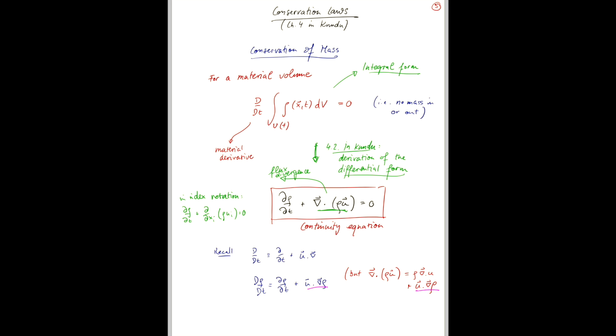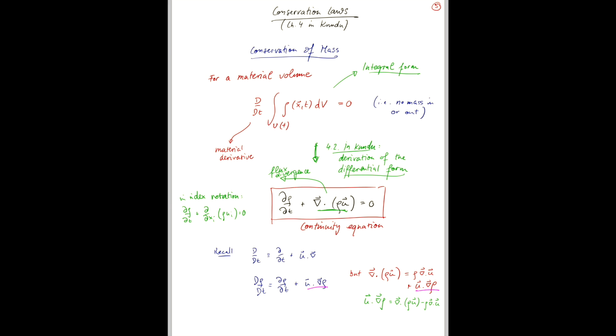So really, let me get rid of this. Really you have here u dotted with grad rho is just the divergence of rho u, which is the divergence of mass flux, minus rho grad dot u, divergence of u. And there is a vector here as well.